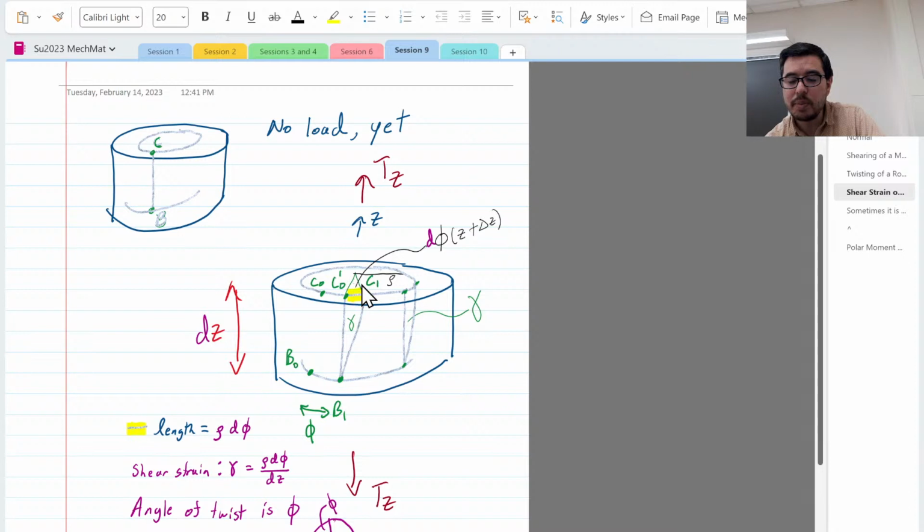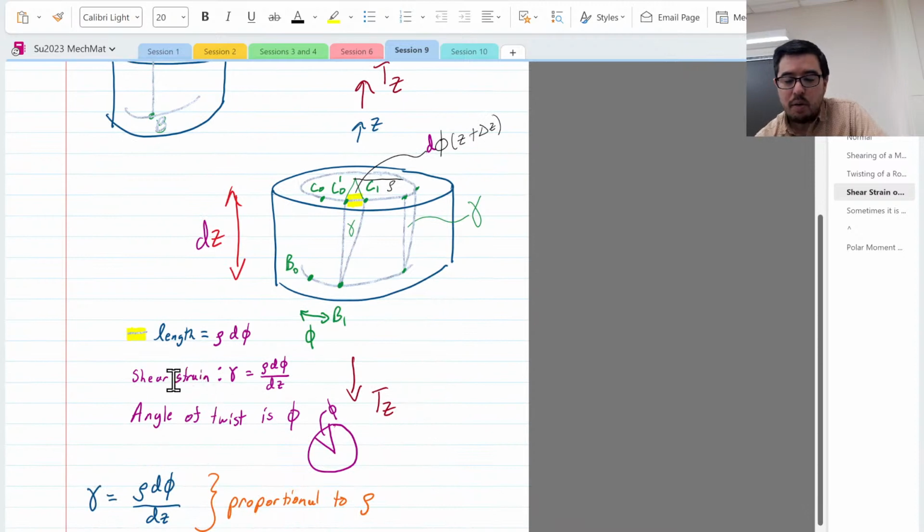So that's d phi at z plus delta z. The z would be down here, and dz is up here, so this is z plus delta z, or z plus dz.